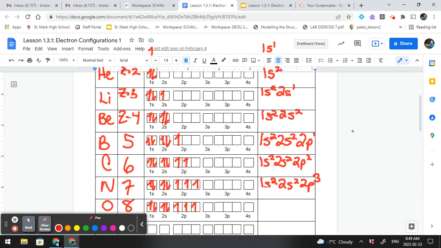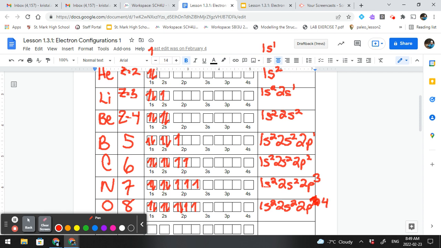This is where you start spin pairing electrons in that p orbital. So now oxygen has 2 paired electrons and 2 lone electrons. Oh, that should not be a 3, that should be a 4.